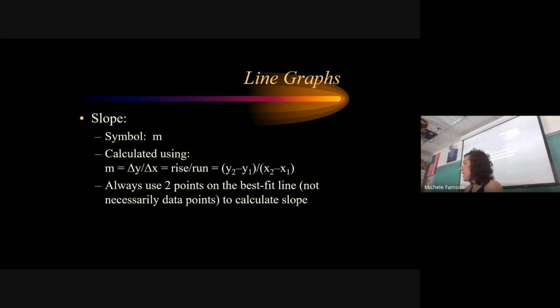Here's a couple other differences with math. Your math teachers, I think, allow you to write your slopes as fractions. Does that ring a bell? Okay. You can't do that here. Let me explain why. Every number we work with all year is a what? Starts with an M. It's a measurement. And every measurement has significant digits. So what do I need you to do with your slope? Divide it out on the calculator and give me an answer with significant figures.